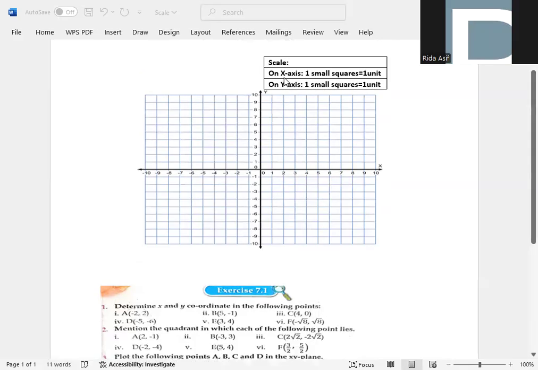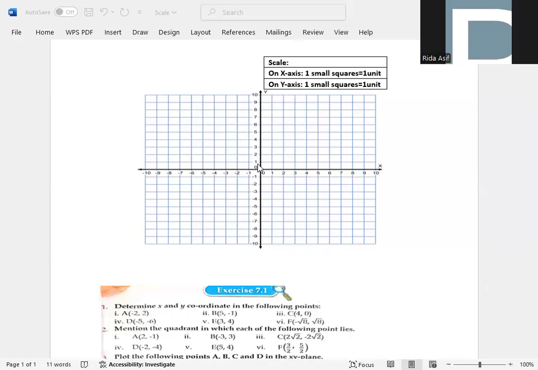So we have mentioned the scale. It's very necessary, after drawing the x-axis and y-axis, to mention the scale in the right corner. We have to mention that on x-axis we have taken one small square equal to 1 unit. What about y-axis?